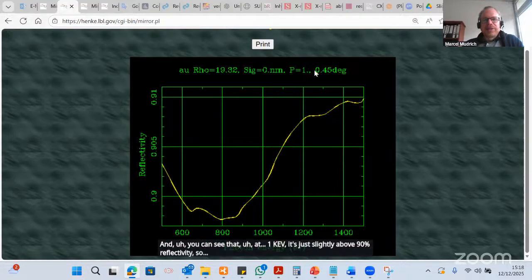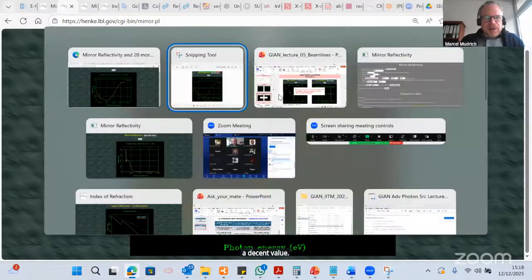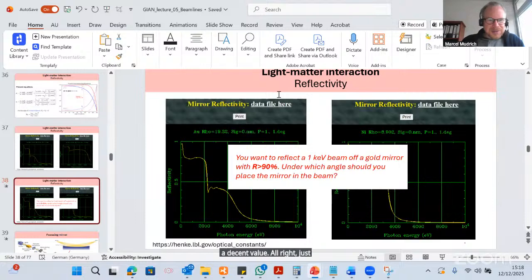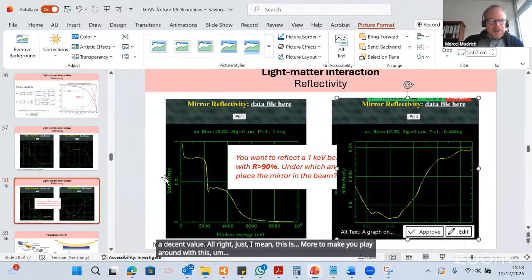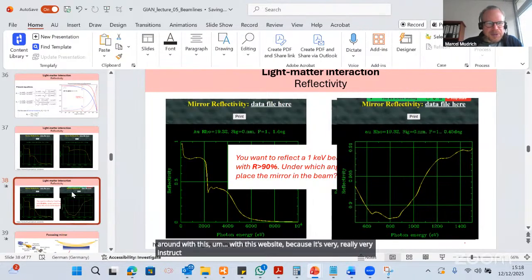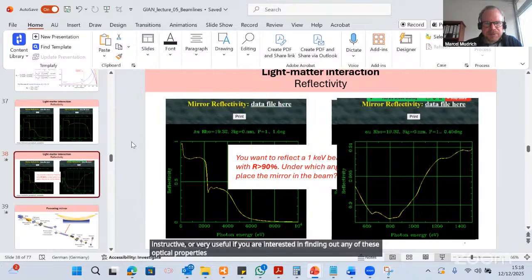So something around 0.45 degrees seems to be a decent value. All right, this is more to make you play around with this website, because it's very useful if you're interested in finding out any of these optical properties of the different materials.